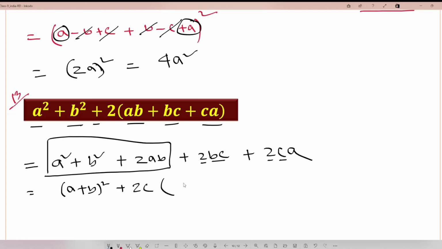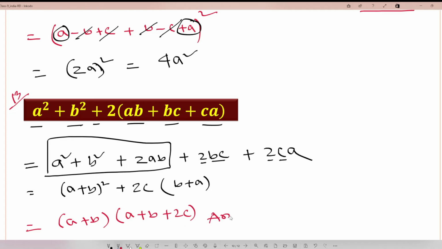So we can write b plus a. B plus a and a plus b are similar things. So we can take a plus b common. So here is a plus b plus 2c.